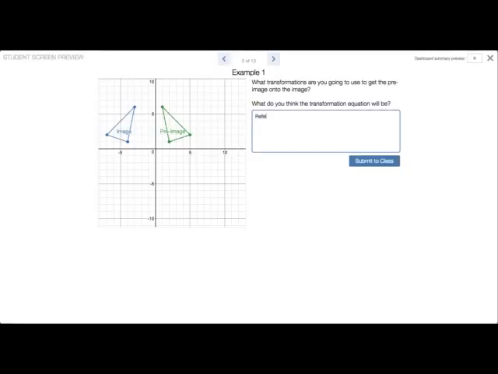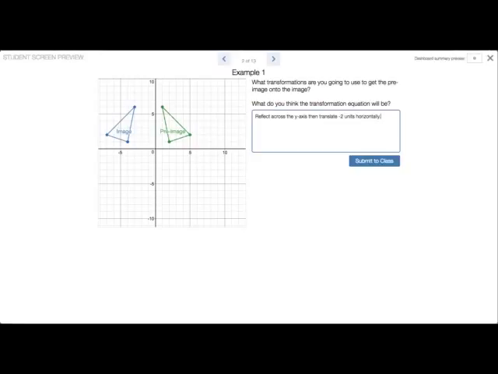So I'm going to reflect across the y-axis, then translate -2 units horizontally. It's good to use the word horizontal.